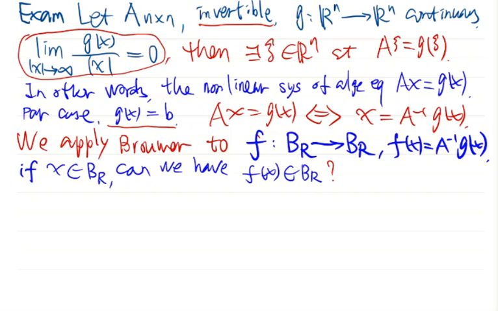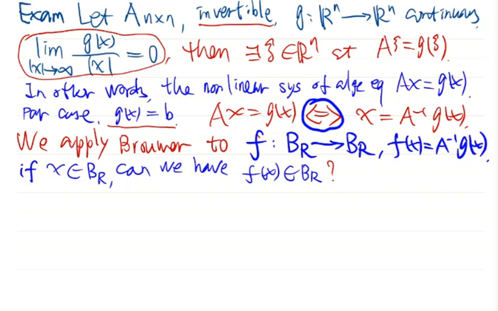If the answer is true, then we can apply the Brouwer fixed-point theorem to the map f and get the fixed point of f. And because of this equivalence, a fixed point of f is a solution of our nonlinear equation Ax = g(x).